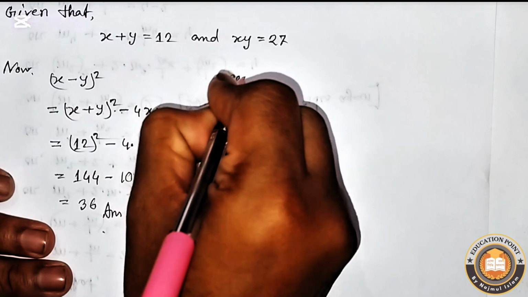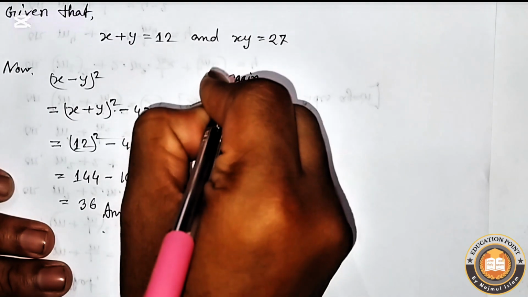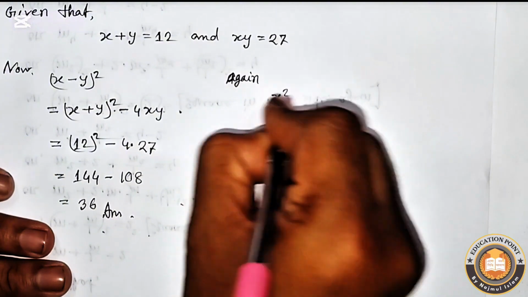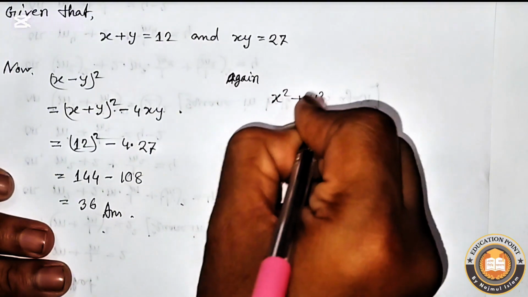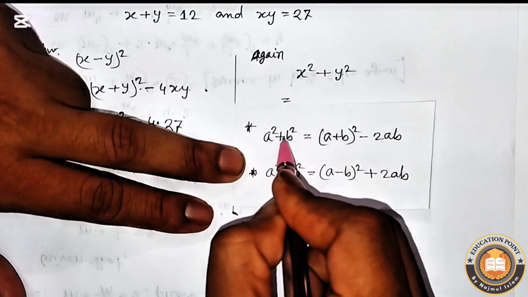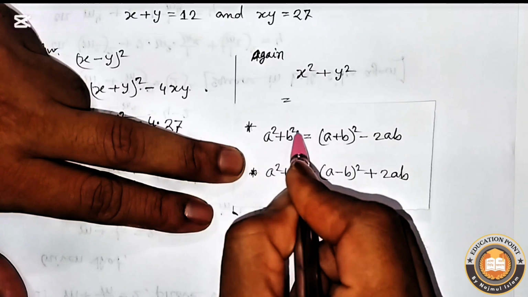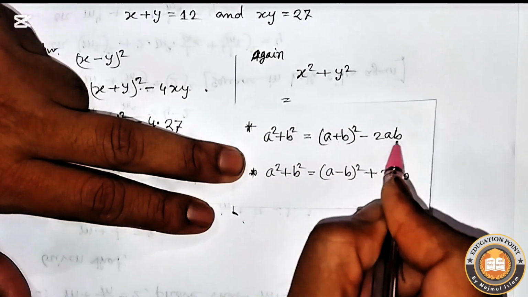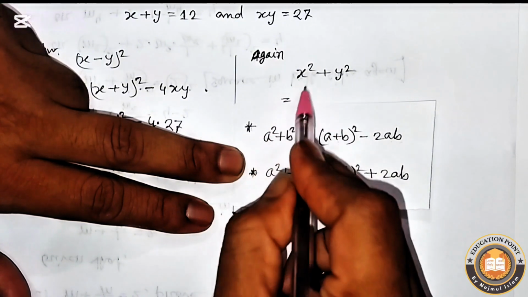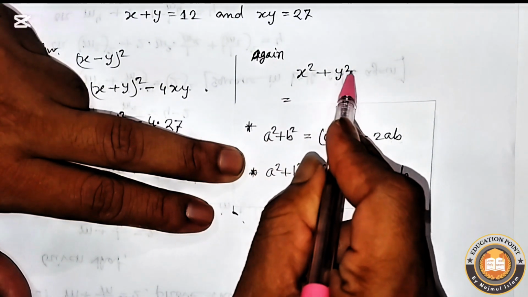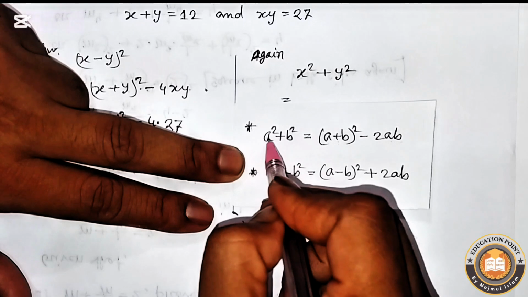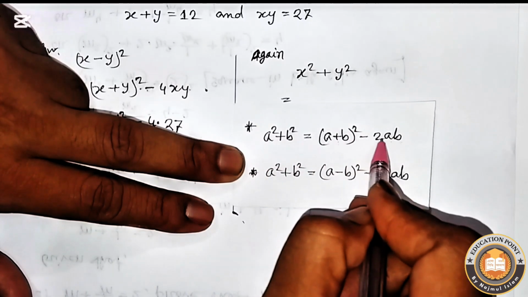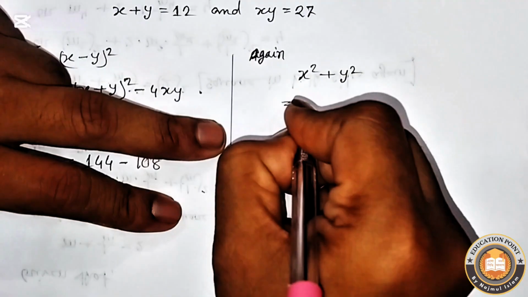Again x square plus y square. Here we will apply the corollary formula of a square plus b square, that means a plus b whole square minus 2ab. Here x considered as a and y considered as b. That means x square plus y square equal x plus y whole square minus 2xy.